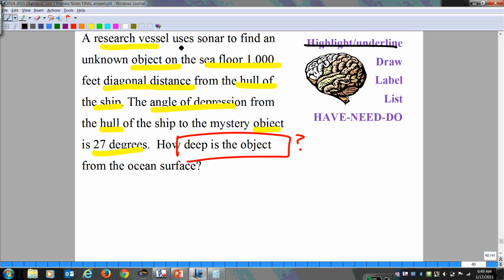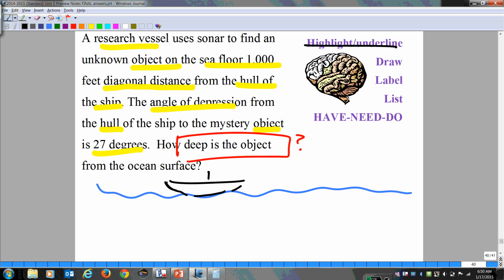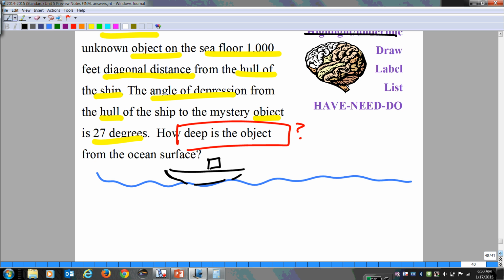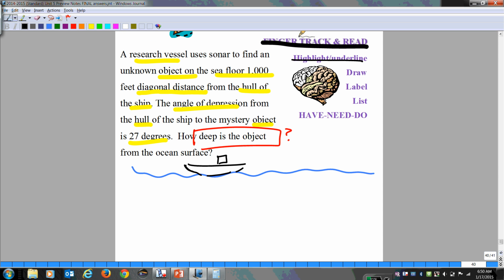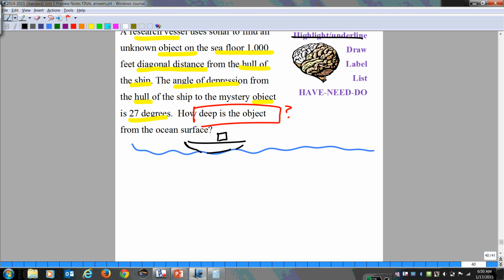We have a research vessel and we have water. So let's draw some water, or you should have drawn some water. Some sort of research vessel, and we have ocean floor. So here's our ocean floor.